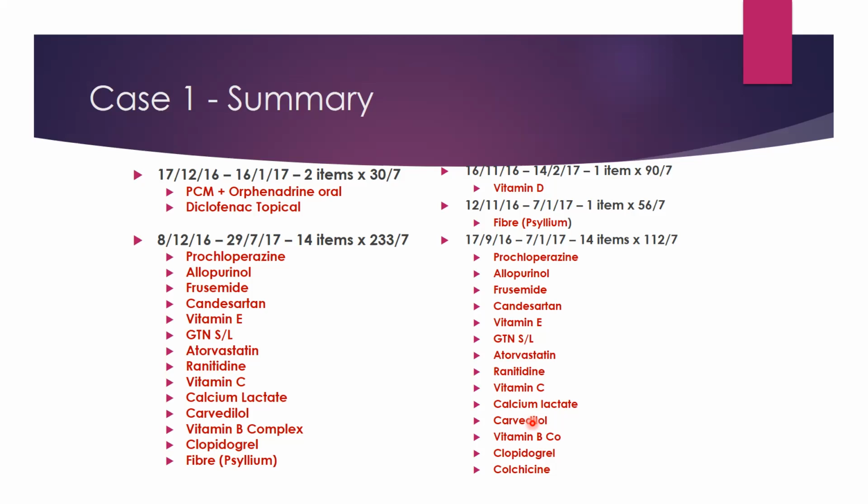Okay. In terms of the medication list, is there any overlapping? If you see here, prochlorperazine, if you recall from your pharmacology lectures, is a phenothiazine and also an antipsychotic drug, but it can sometimes be prescribed as an antiemetic.